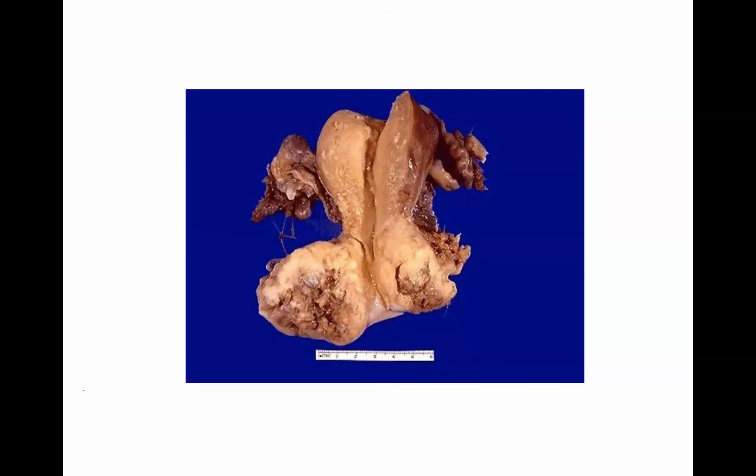Pelvis you have done. You will know the nodal involvement. How will nodal involvement help you in staging? Nodal involvement will upstage the disease, sir, to 3C1 and 3C2. Good.